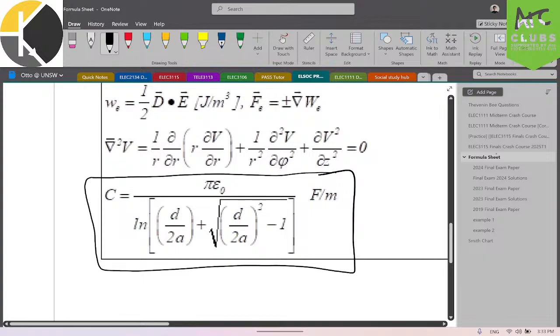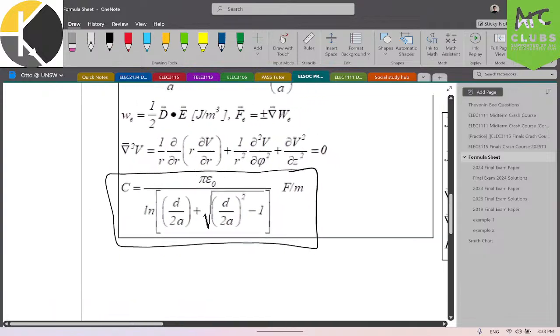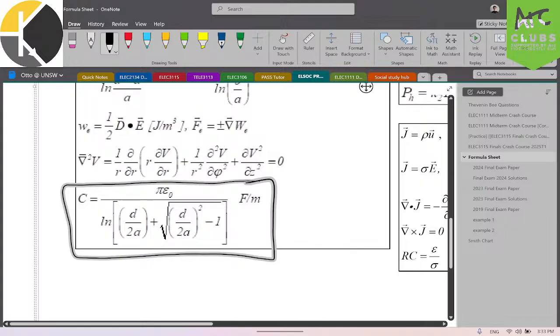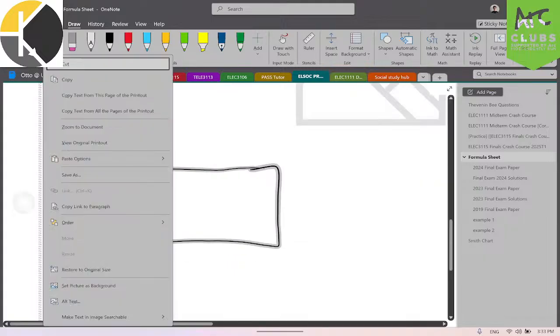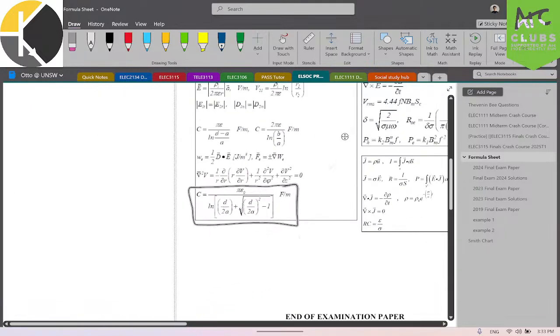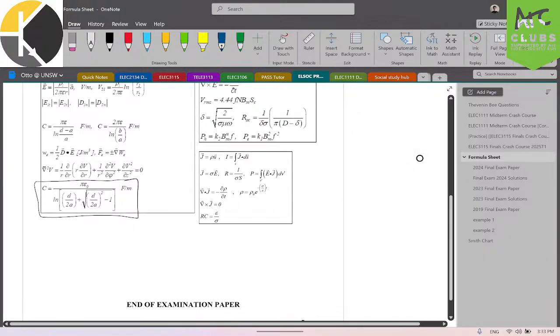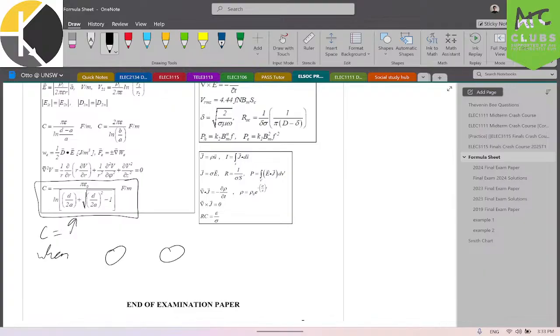Now, just to make sure we double down, one note moment. Capacitance is going to be equal to this thing when you have two cylinders with charge running through.